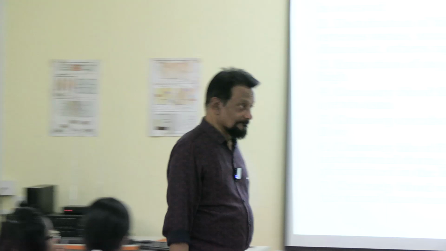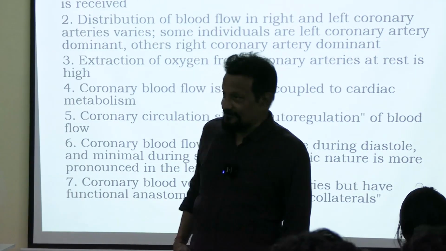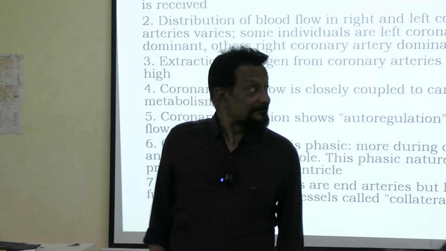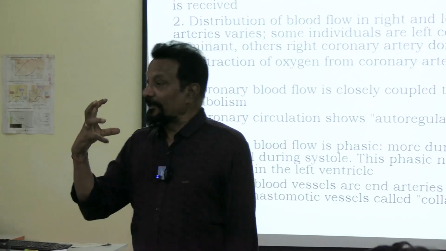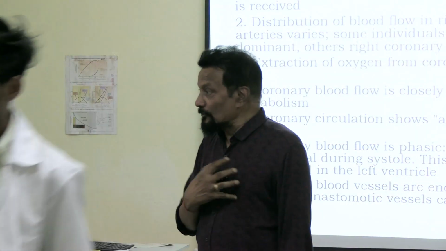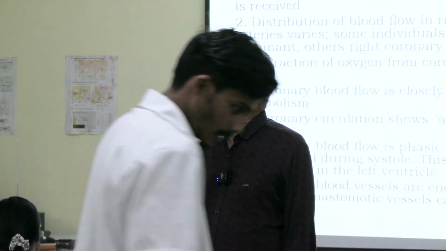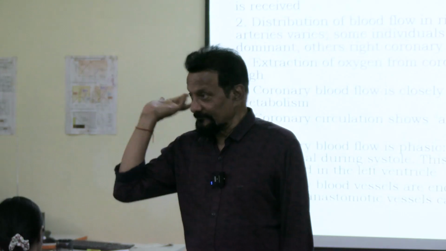Coronary blood flow is closely coupled to cardiac metabolism. How can you explain this? It means if the metabolism in cardiac muscle is high, then coronary blood flow will also be high.